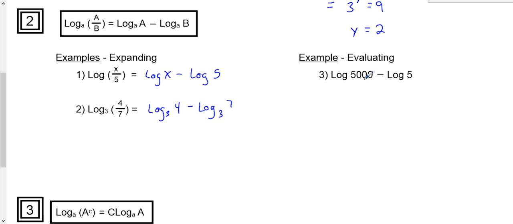To evaluate, I have log of 5,000 minus log of 5. So I will combine those to one expression where I have log of 5,000 divided by 5. And 5,000 divided by 5 is 1,000.